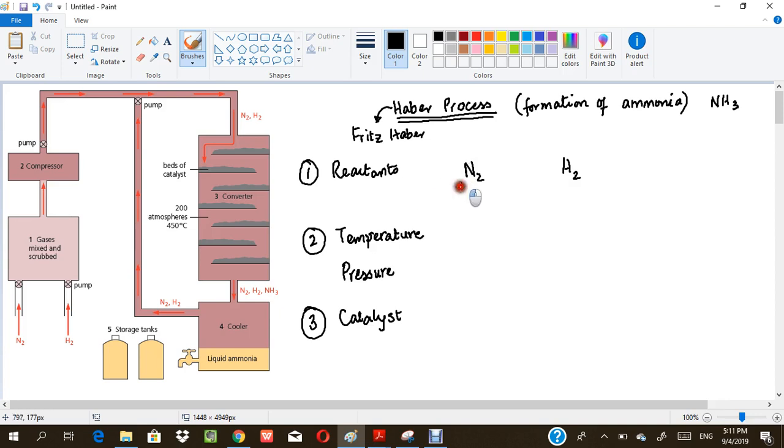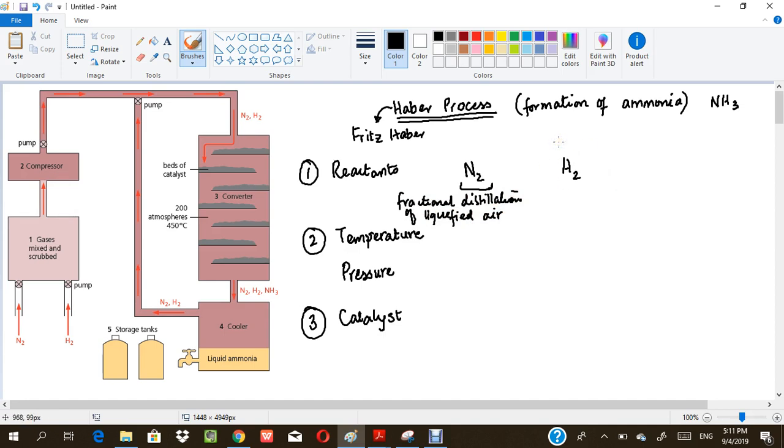So N2, that is nitrogen gas, is obtained from fractional distillation of liquefied air. Now what about hydrogen?